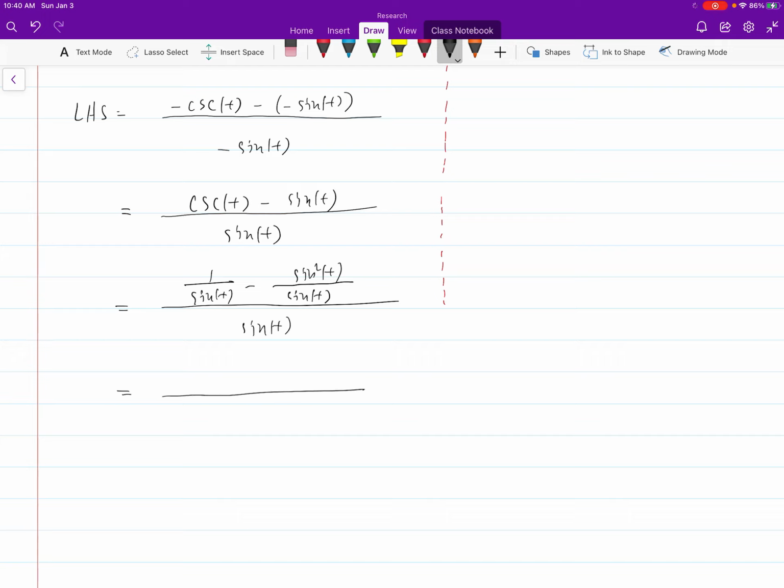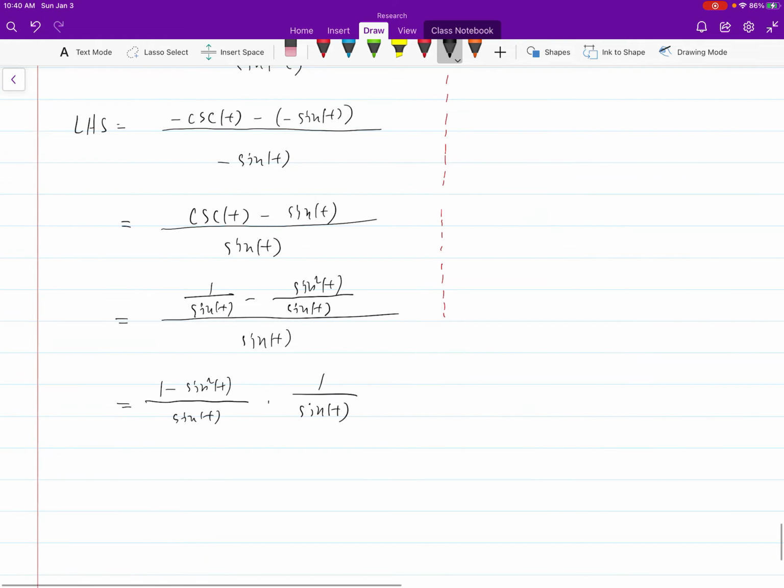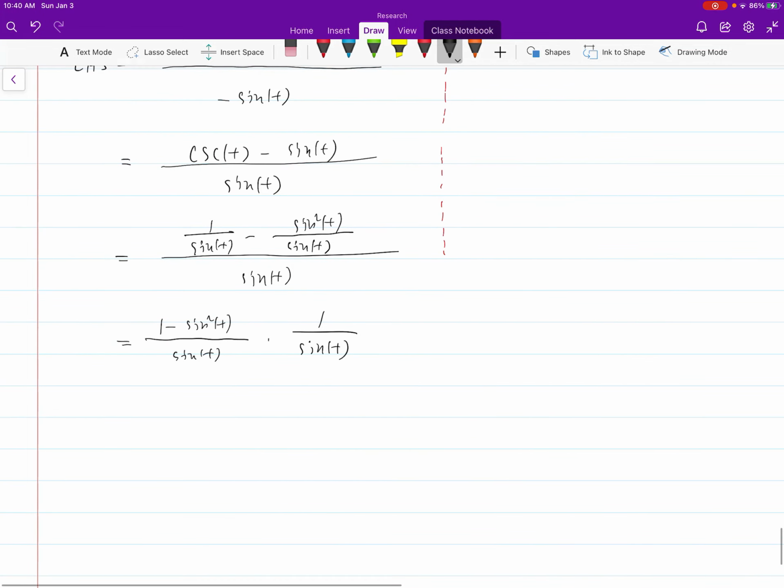Up to here, you probably want to do the same thing for the sine t. On the top, you have 1 minus sine squared t. On the bottom, you have dividing by this, which is the same as this.